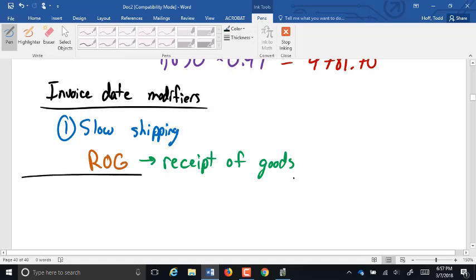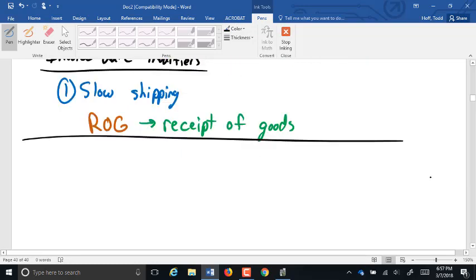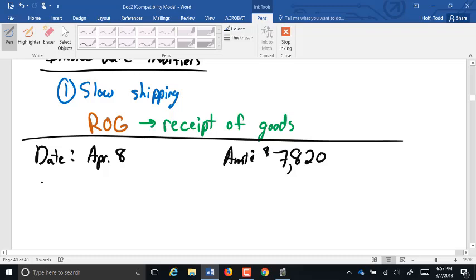And the way that works is, let's say we have an invoice dated April 8th for an amount of $7,820 in terms of 2/10 net 30 ROG.